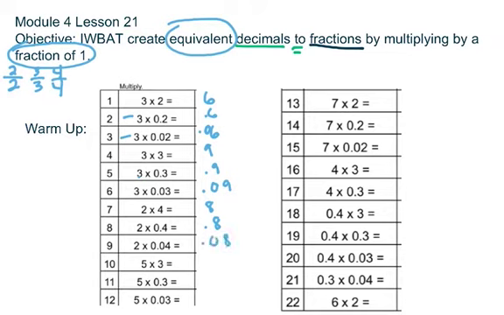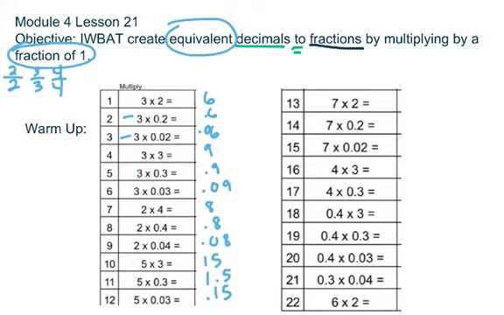Same pattern with 5 and 3. 5 times 3 is 15. 5 times 3/10 would be 1 and 5/10. 5 times 300ths would be 1500ths.